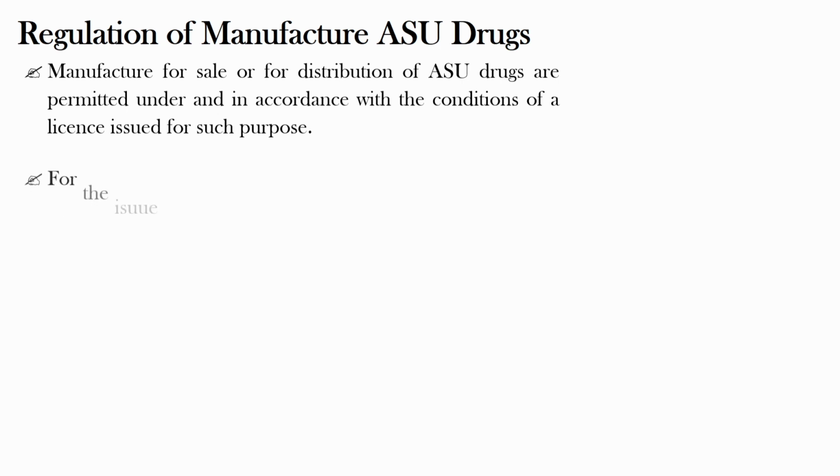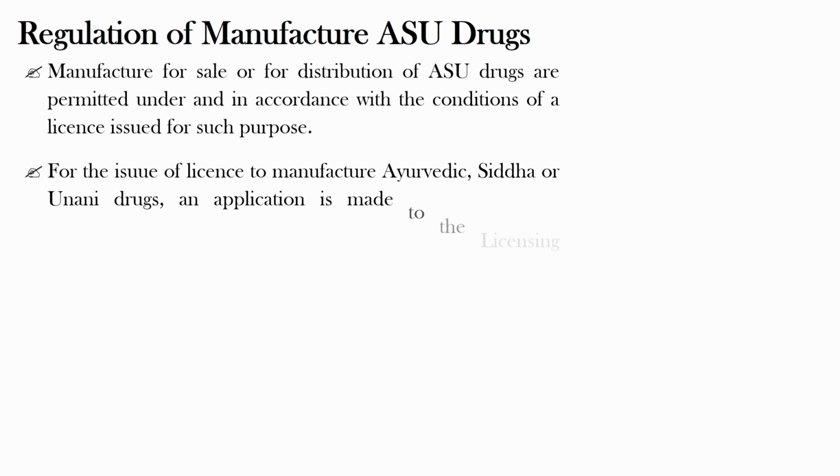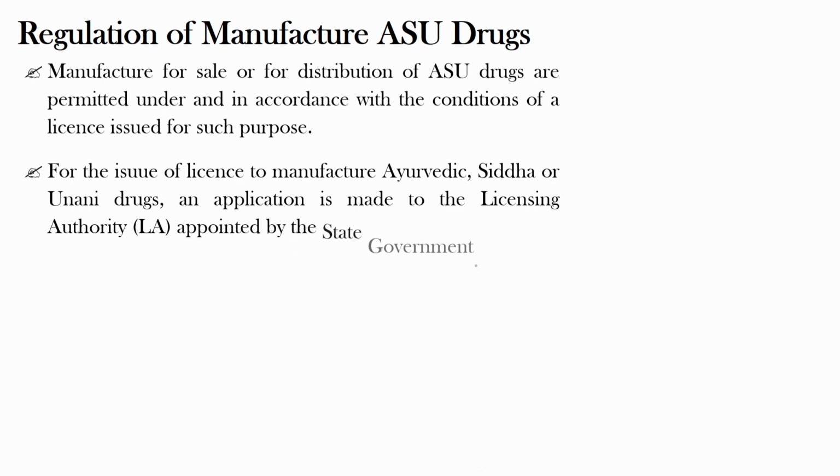For the grant of license to manufacture for sale of any Ayurvedic, Siddha or Unani drugs, an application is made to the licensing authority, called LA or SLA, appointed by the state government for this purpose.